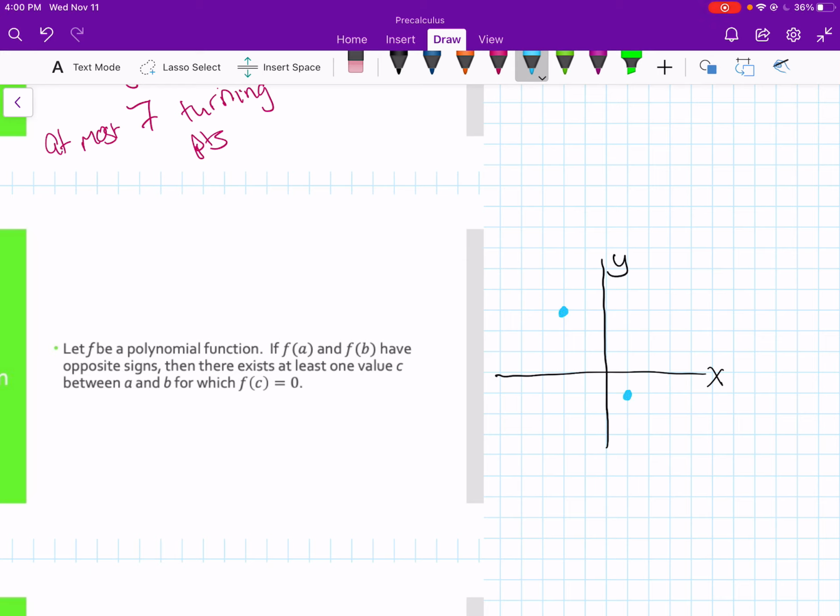If it's a polynomial function, it's continuous, so it has to at some point cross the x-axis, whether it goes straight, whether it goes down and around, whether it's just going down and back up. You can draw it a million different ways, but no matter what, it's always crossing that x-axis. So you know there is a 0 between those two if you have a positive y and a negative y.